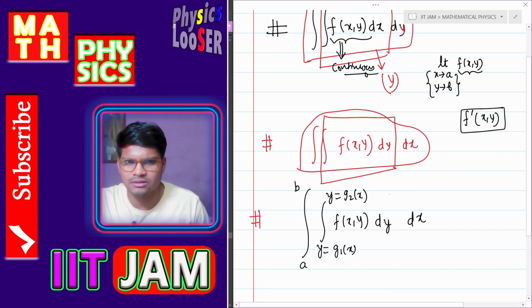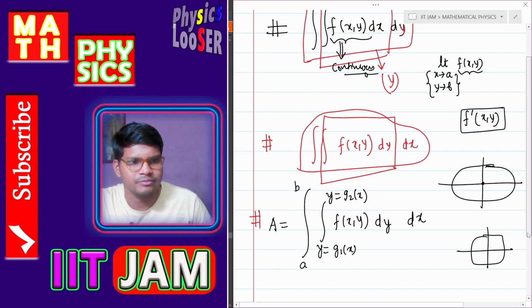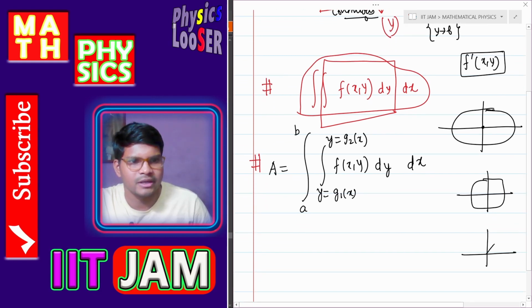Where this emerges in the topic, this kind of integral can be seen where you have a region whose area you want to find, because these are called area integrals. The region must be something non-rectangular. The non-rectangular region can be an ellipse, maybe some different type of shape, or maybe some curve.